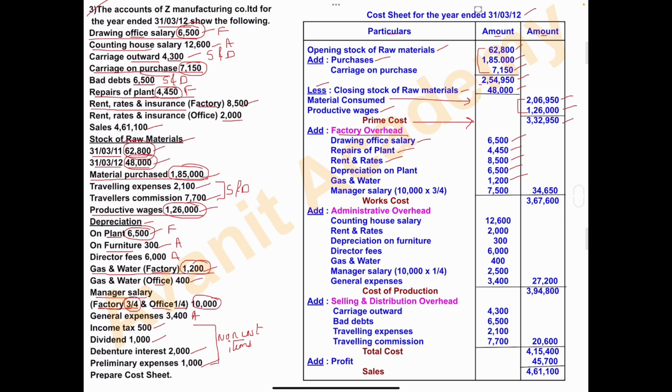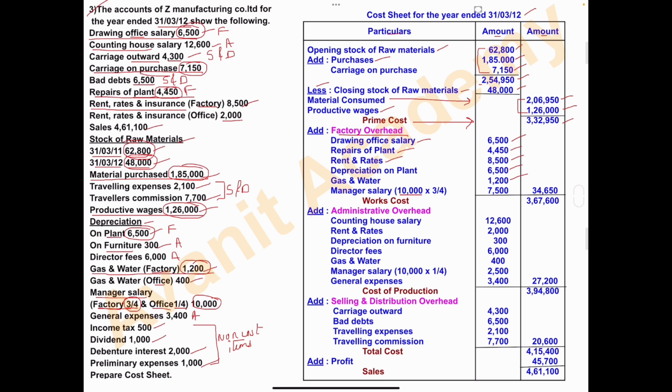So right here in the solution, manager salary in bracket. What is the total manager salary? 10,000. Okay, the full 10,000 we should not take in factory overhead. Only three-fourth of 10,000 we have to take under factory overhead as manager salary.